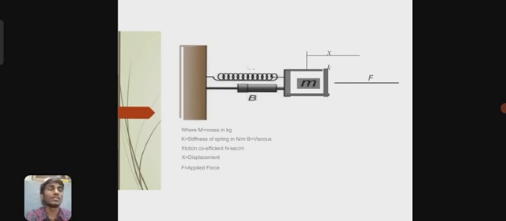So by applying the force on an object of body mass M, you can see the spring and dashpot on the other side, which makes the displacement of the body due to the force.